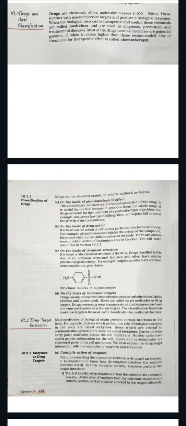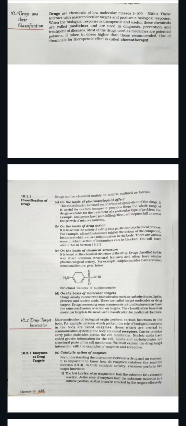Classification of drugs on the basis of pharmacological effect. This classification is based on the pharmacological effect of the drug. It is useful for doctors because it provides them the whole range of drugs available for the treatment of a particular type of problem. For example, analgesics have a pain-killing effect, antimicrobials kill or arrest the growth of microorganisms.